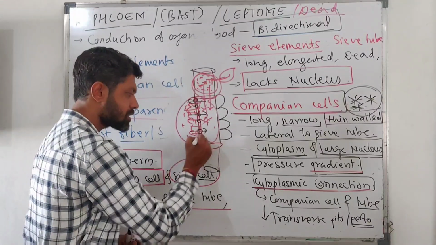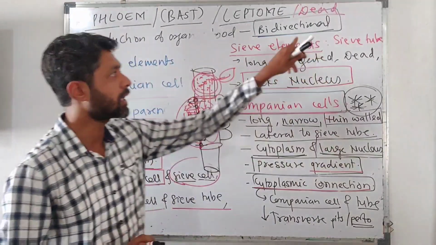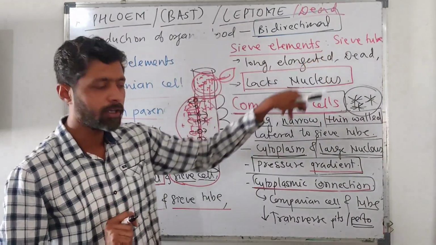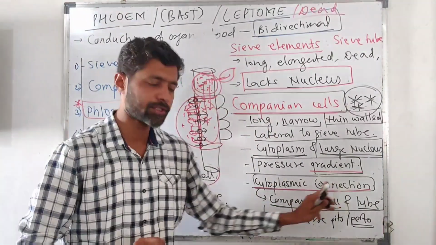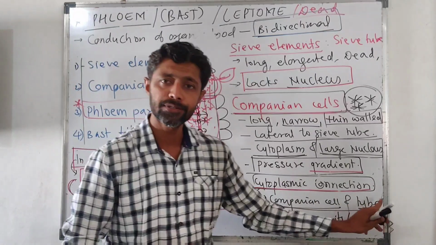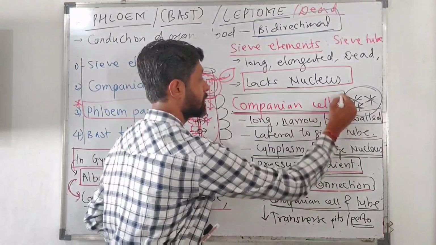And with the help of this perforation, your companion cell is going to regulate the activity of sieve tube, as there is a lack of nucleus. So here there is a cytoplasmic connection between companion cell and sieve tube, and that is because of the transverse wall.